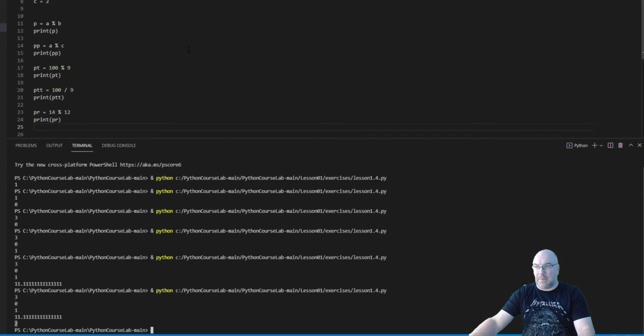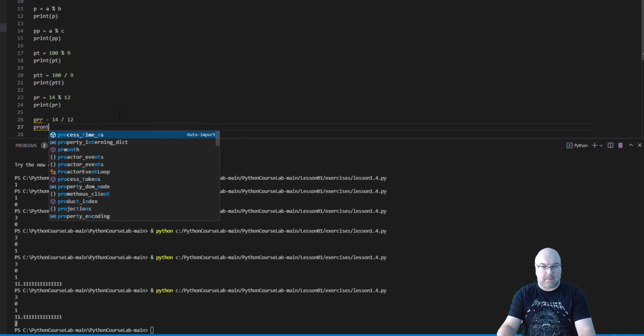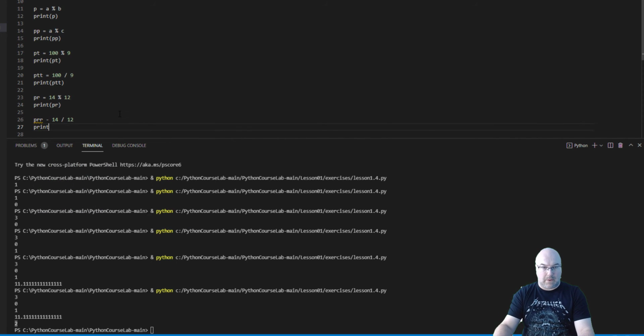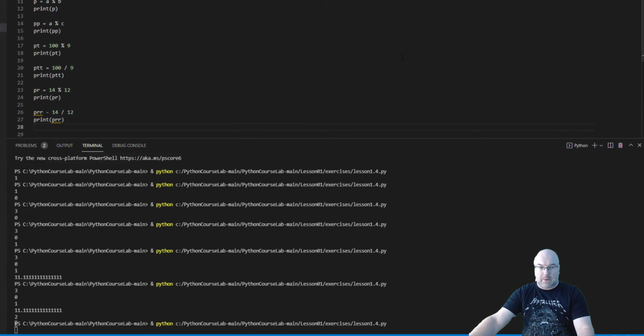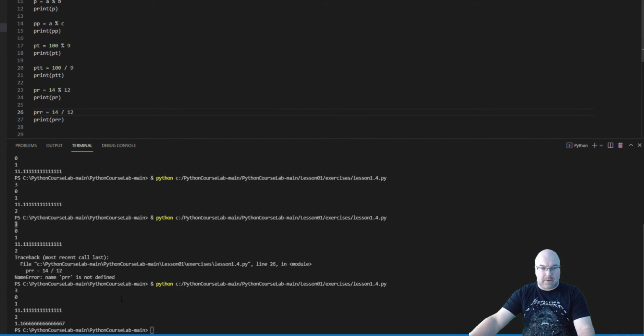You see, the outcome is 2, because 14 divided by 12 will give you 1.1666, so it's 1 and the remainder is 2.